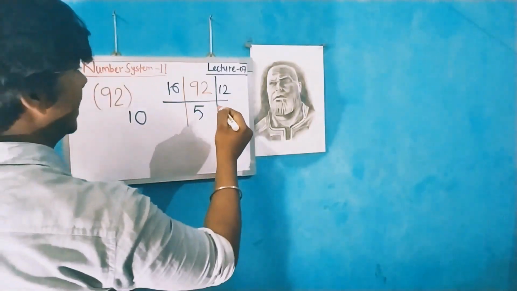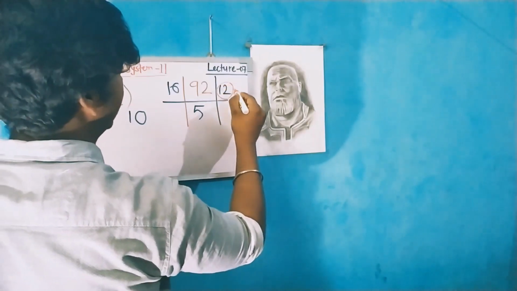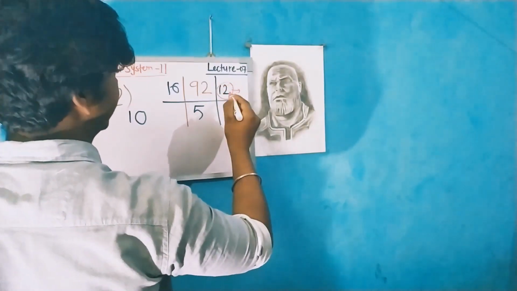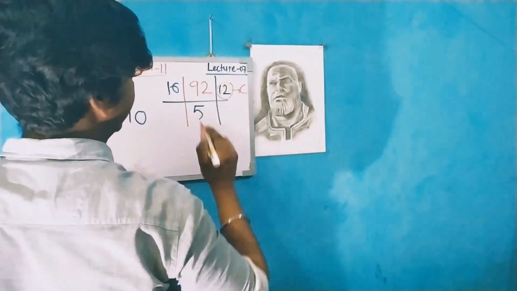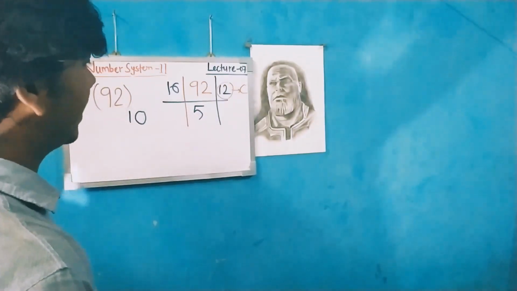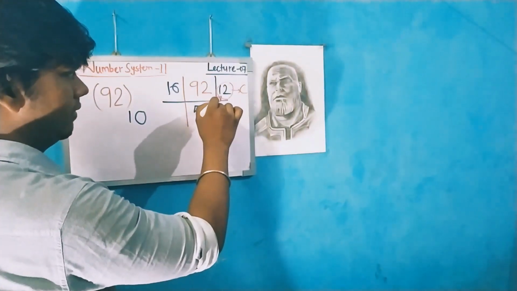But here you can see that 12 in hexadecimal form is C, because you cannot write 12 in this form.